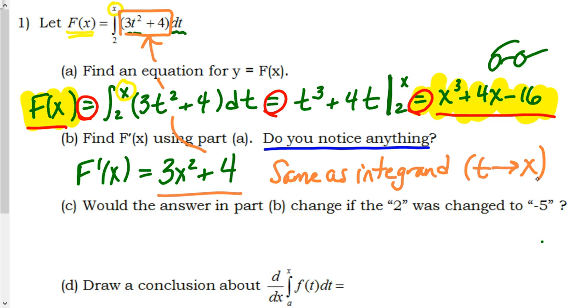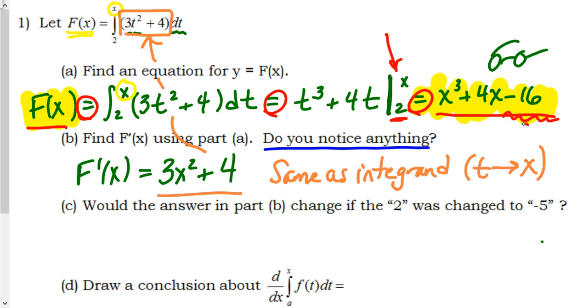Interesting. So now part C is wondering, would the answer in part B, the answer we just discussed, change if the 2 had been a 5? Well, let's think about where the 2 was important. The 2 was important back here, right? Because I had to plug in the 2, and then that's how I knew that this was minus 16.